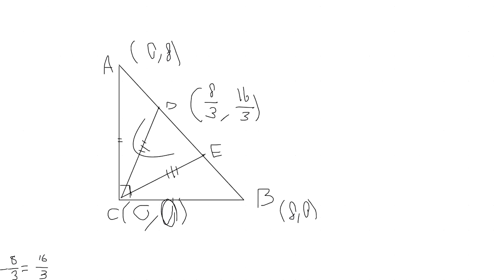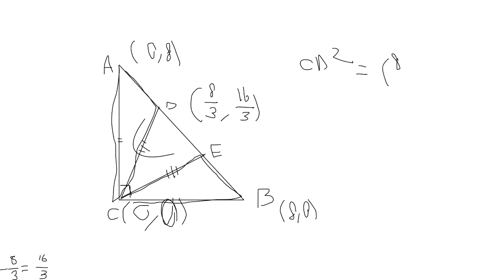So here, because these two triangles are congruent, we already know that CD equals CE. So then we can use Pythagorean theorem to compute the length of CD squared, and CD squared is just 8/3 squared plus 16/3 squared.